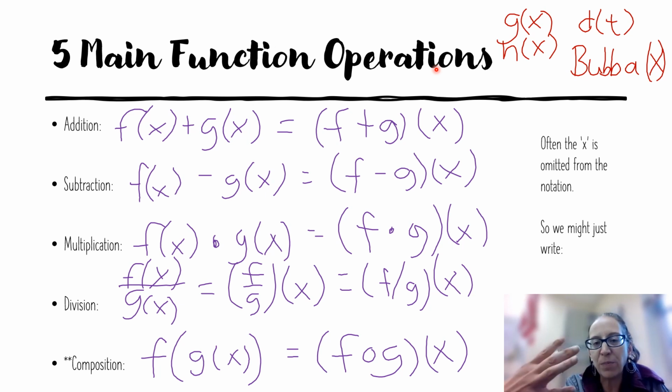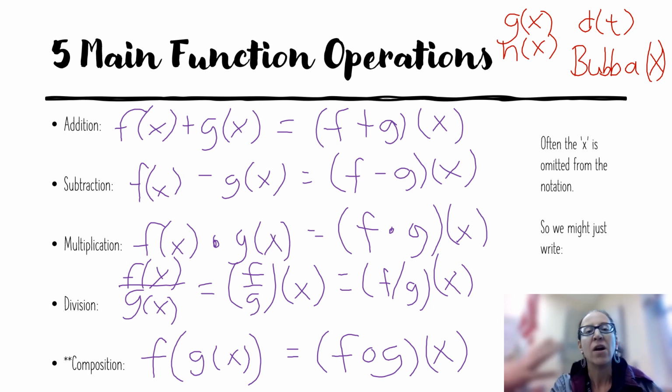Now, off here to the right, I wrote, often the x is omitted from the notation. A lot of people are very uncomfortable with this, like f plus g of x, f minus g of x, f times g of x. All that x means is that x is the variable in whatever we're dealing with. But lots of people are uncomfortable with it, or it causes them to make mistakes.